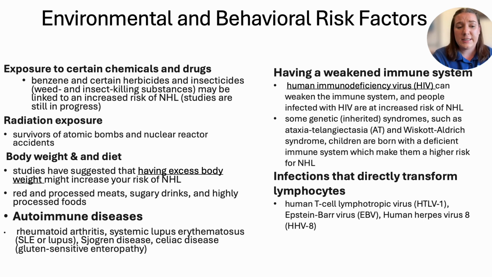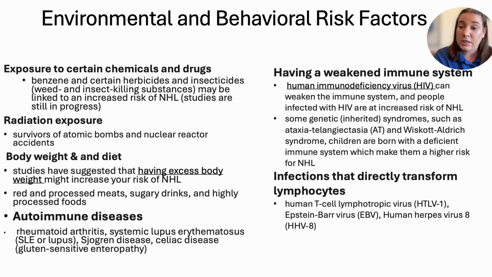Anybody who has a prior autoimmune disease, such as celiac disease, lupus, rheumatoid arthritis, these are also risk factors that could contribute to someone being at a higher risk for lymphoma.